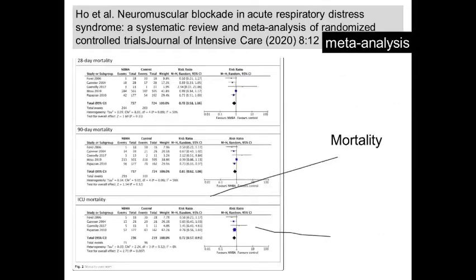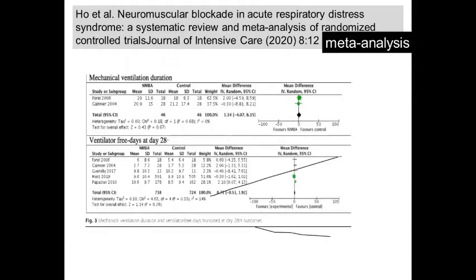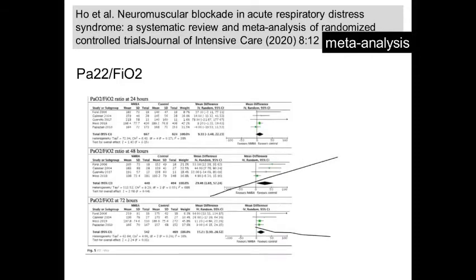And those are the studies they looked at. There's no difference in mortality. There's no difference in mechanical ventilation duration, the ventilator-free days as well, and the PaO2/FiO2 ratio.